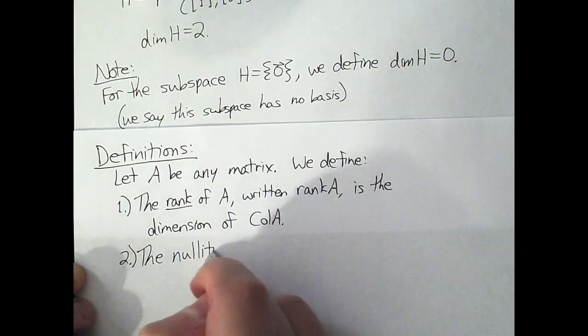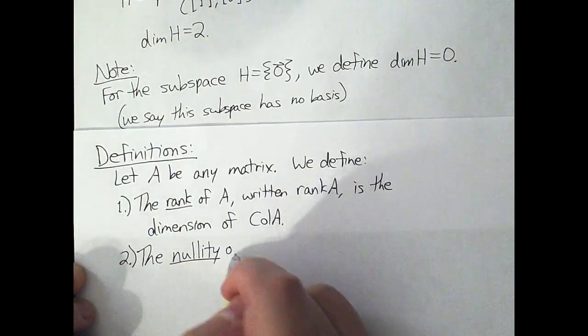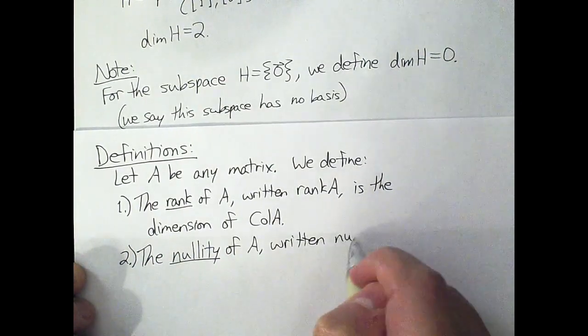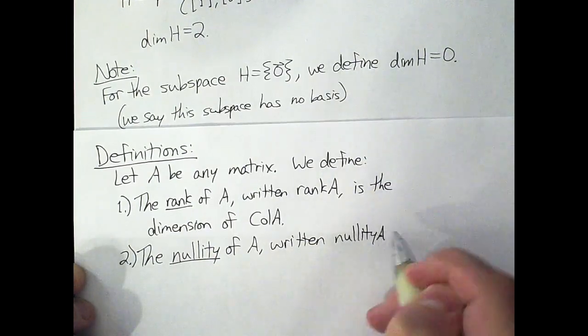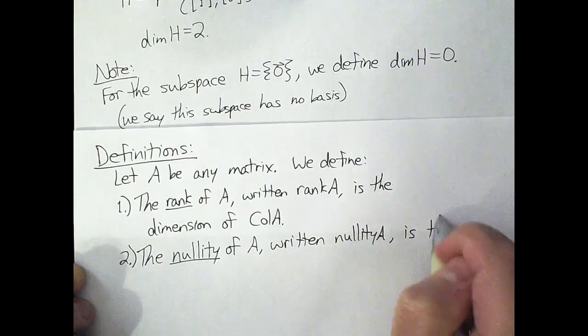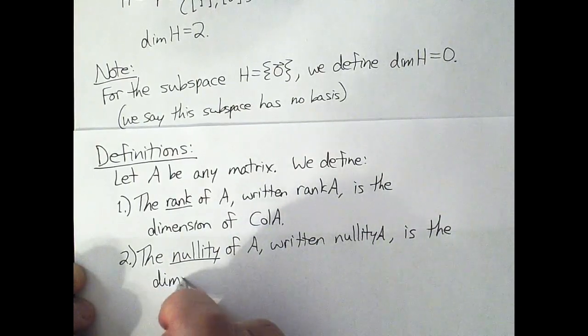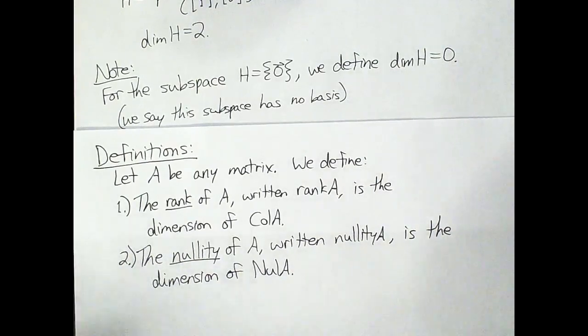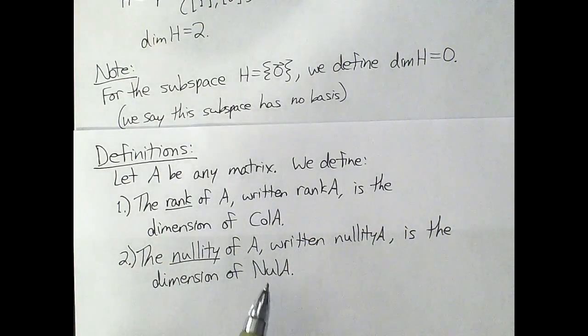The other one is called the nullity of A. It's written nullity A, and you probably know what I'm going to say here, it's the dimension of null A. Null A was the other important subspace that we got from any matrix. It's the set of solutions to AX equals 0, so it forms a subspace. We could find a basis.